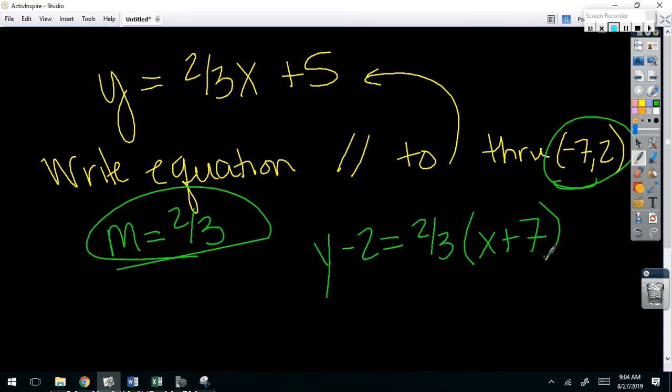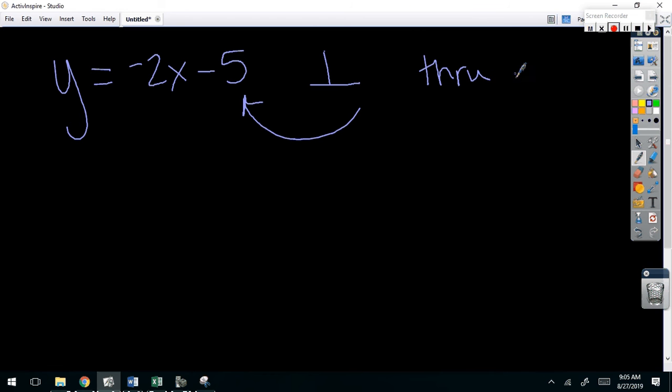What if I make it perpendicular? I want it perpendicular to that line and through a point. Okay, Hampton, try again. What's your point? 3, 4. Through 3, 4.